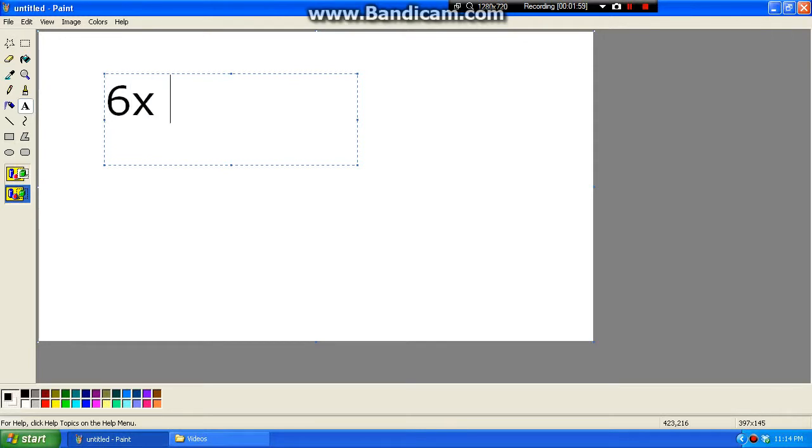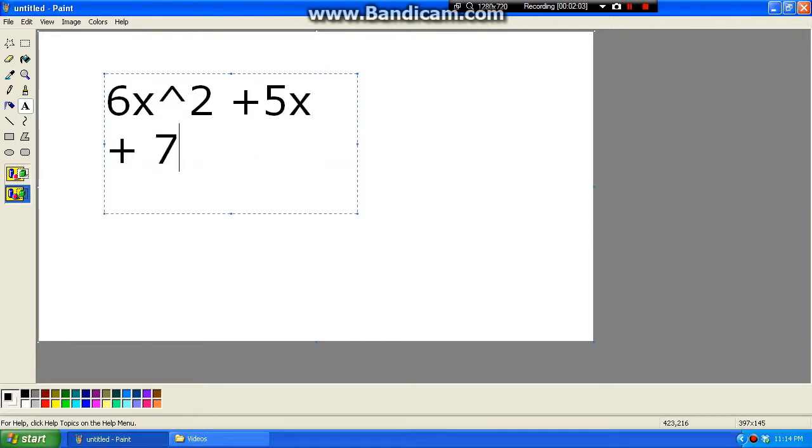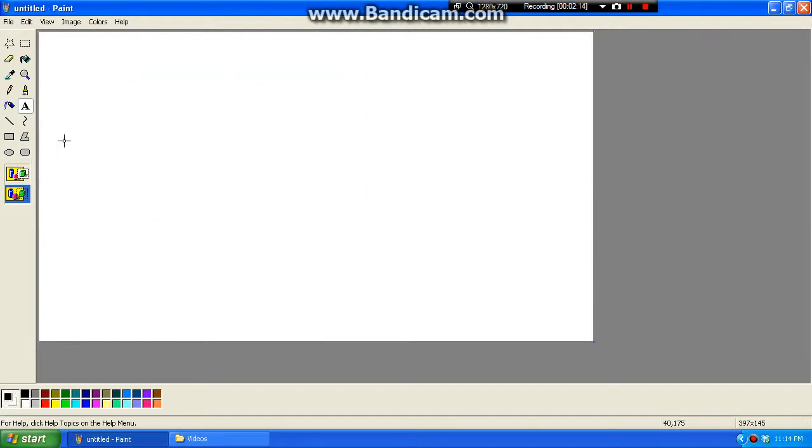Basically, something like this is a polynomial, and something like this is not. I'm going to be using the brush for this episode, like so.